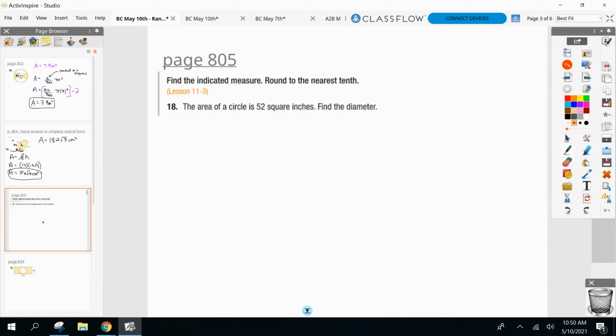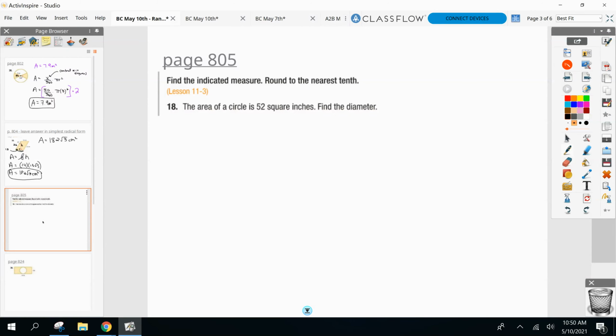This one shouldn't have been too long, I hope. Just have to know how to solve it algebraically. All right, here we go.